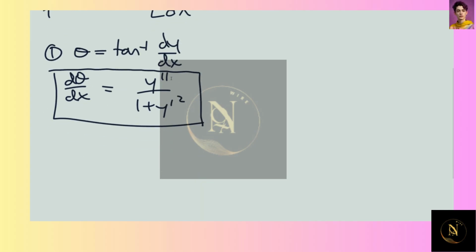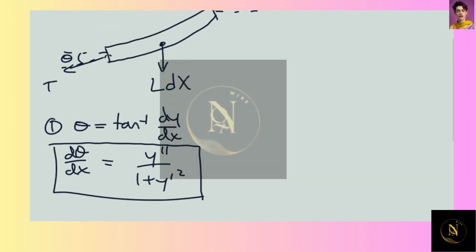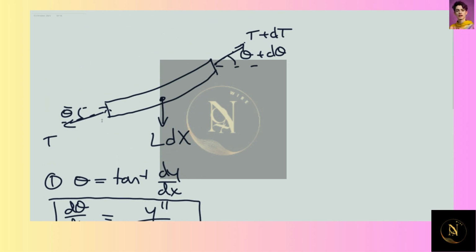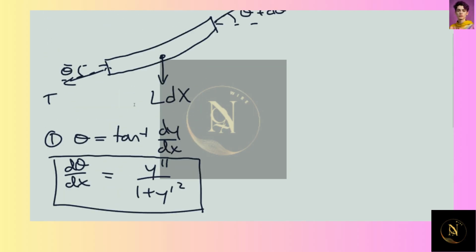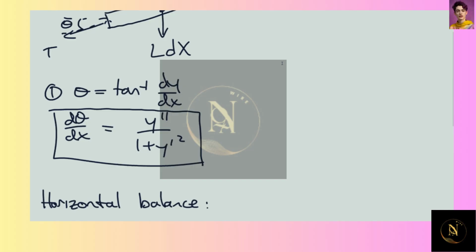Now let's have a look at horizontal balance. We have that T cos theta equals T plus dT cos theta plus d theta.